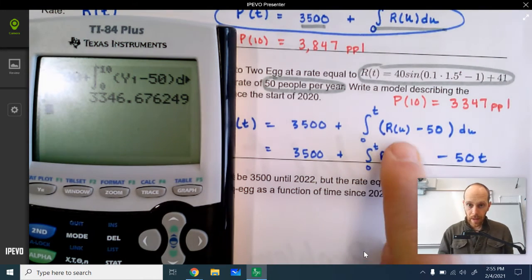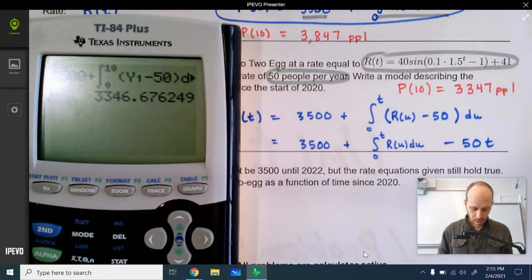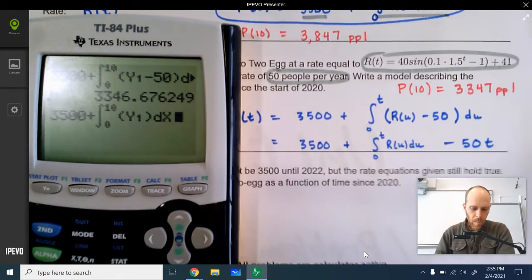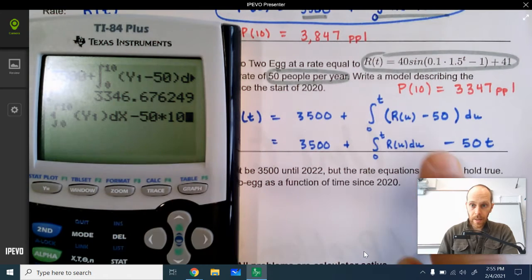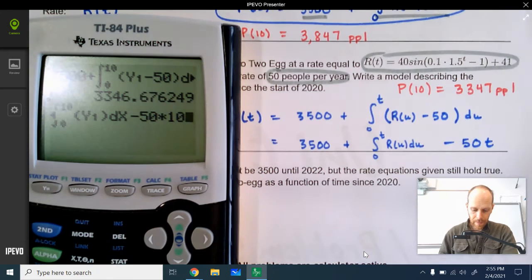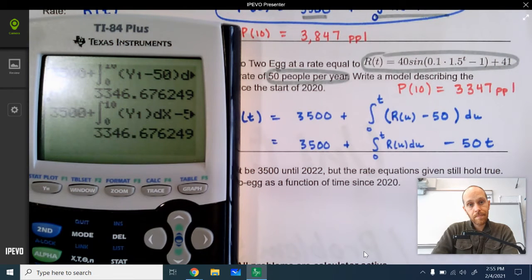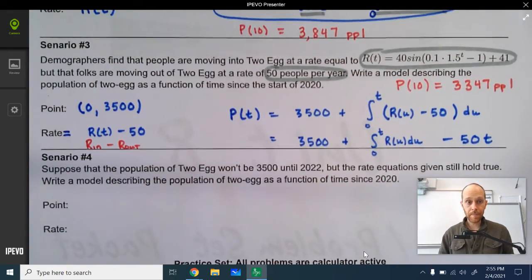Now just note, I used the first formula, but I could also use the second formula and it would work. Notice I did not put the 50 inside. Instead, I'm going to subtract 50 times 10, because 10 years have gone by. And I should get the same answer. And I do. Okay, so there's two different ways that you can write this model.